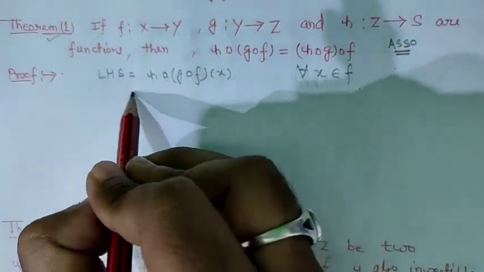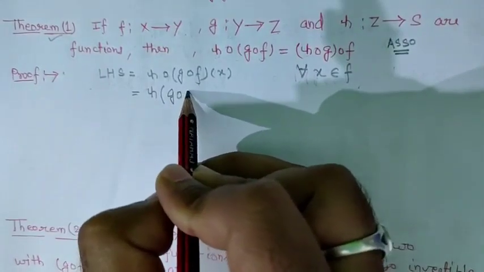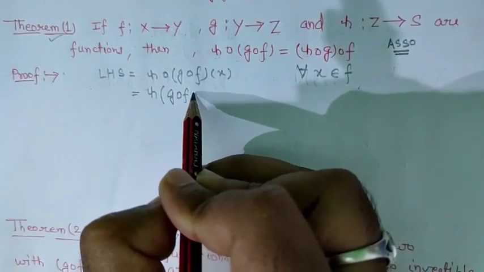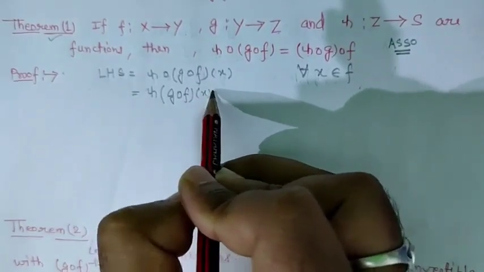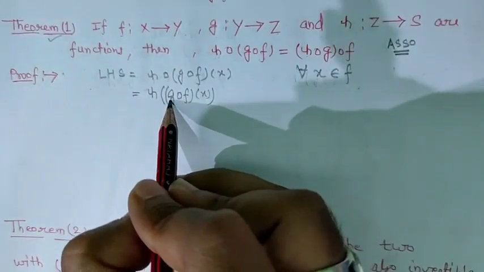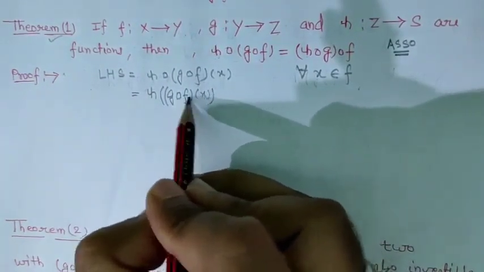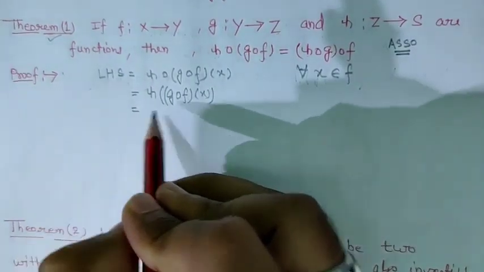Now we can say h bracket gof(x), one more bracket, and now we apply the property of definition to gof(x).